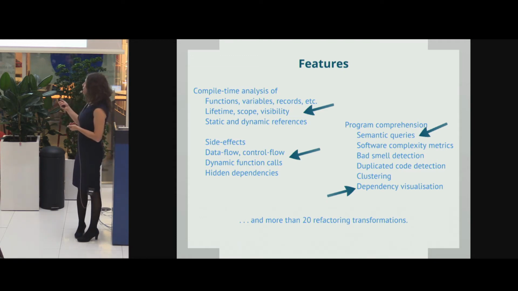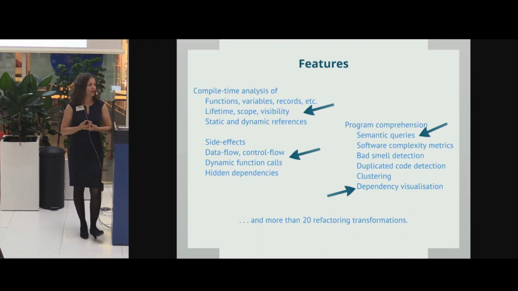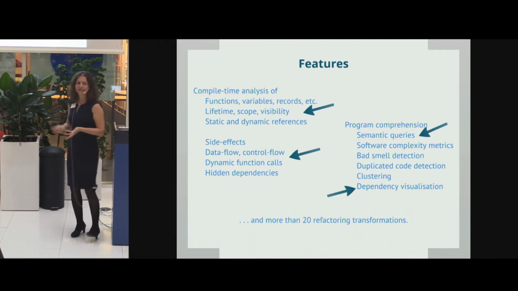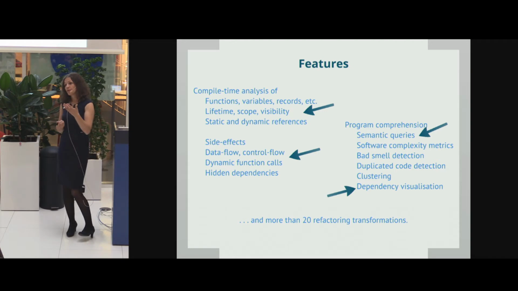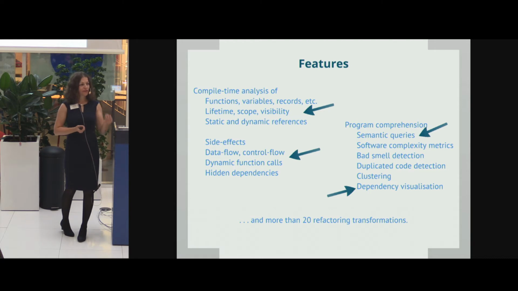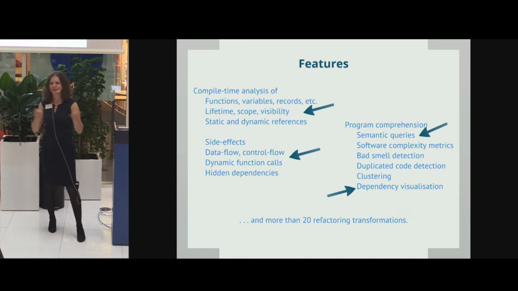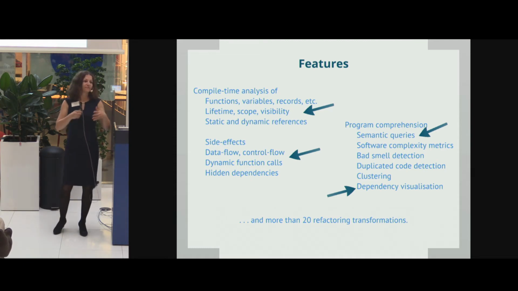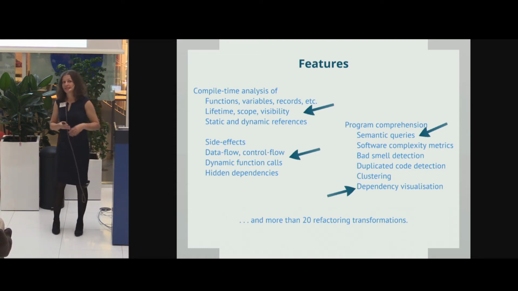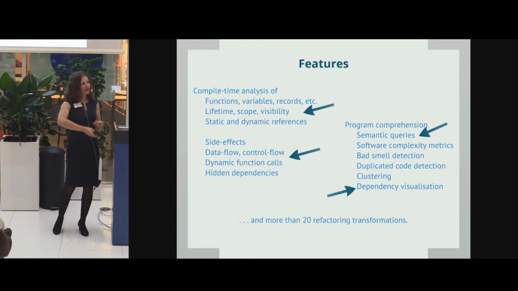So for example, the scoping of the variable, static and dynamic function call analysis, and some more advanced stuff, for example, data flow analysis, which means that whenever we see a variable or something in the source code, we are able to calculate what the possible values are. Of course, it will be a static analysis, so we do not know anything about the dynamic values that may come from the Erlang VM. But anyway, it's an interprocedural analysis, so we are tracking the control flow and the execution and try to calculate all the possible values.